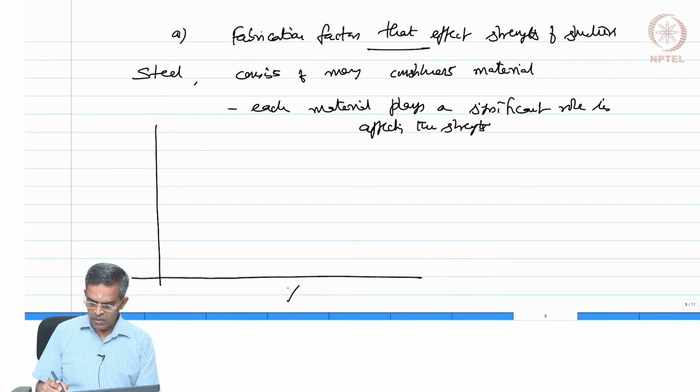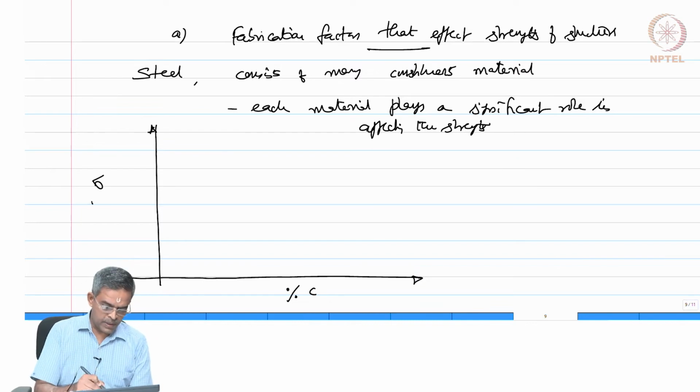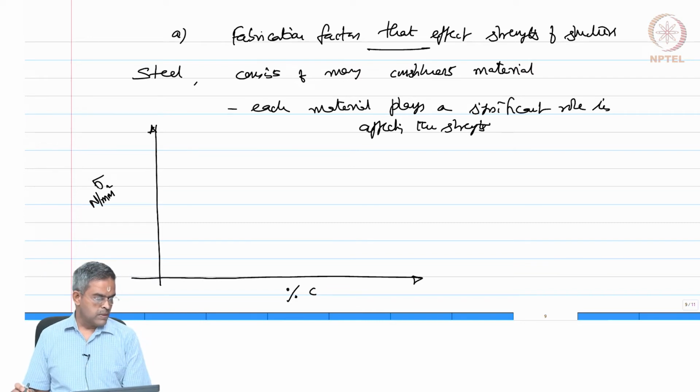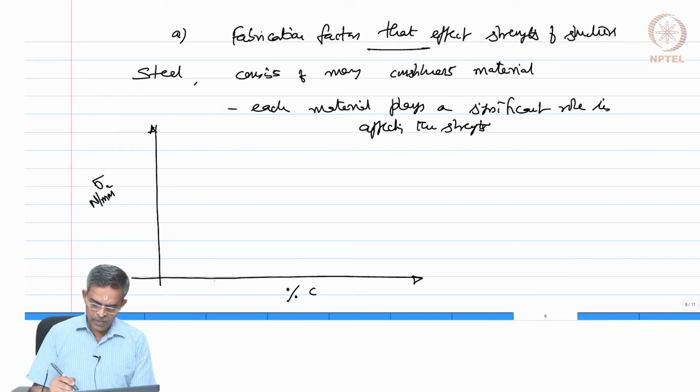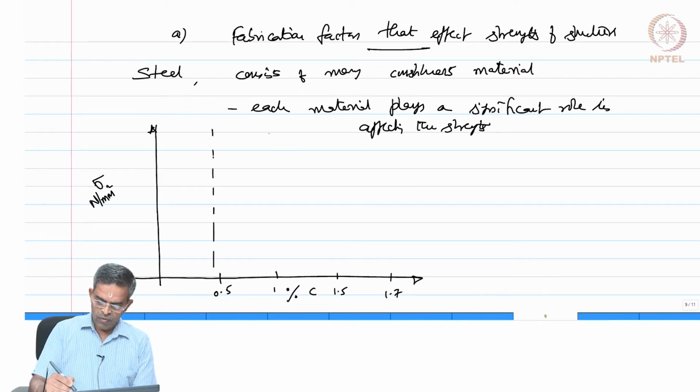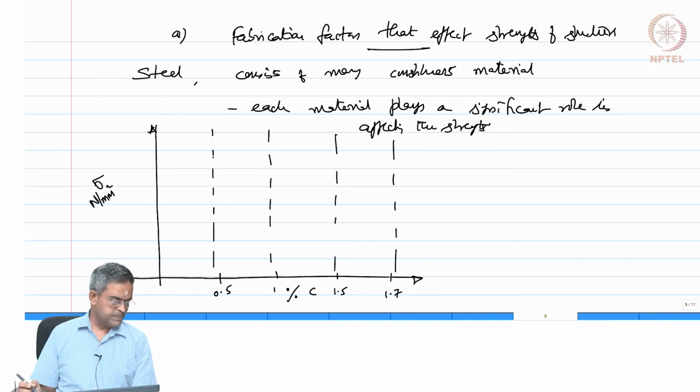Let us try to plot percentage carbon in x-axis. We will plot the strength in megapascal. So, let us have percentage carbon as 0.5, 1, 1.5 and 1.7. Let us just draw these grids for our learning. Okay. These are the control points.